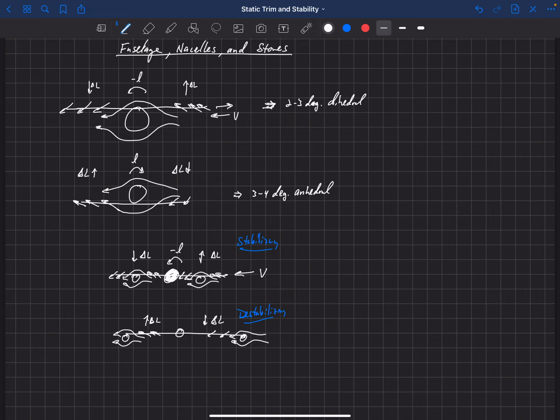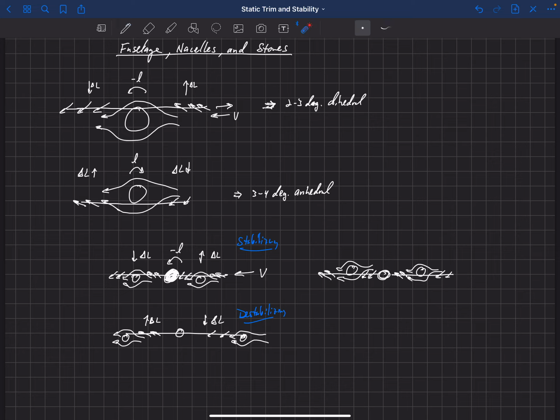Let's look at two more examples here. Let's look at the same aircraft here, but put these stores on the upper side of the wing. Okay, or the engines or whatever it is, and then again we'll draw the flow moving around those, and we see that we get a decrease there, an increase here, a decrease there, and an increase there, right? So again, this is the same as this example over on the left-hand side.